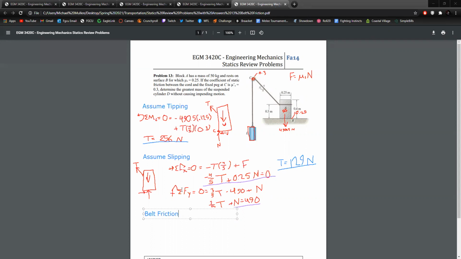Since we are given a friction for the rope, we have the peg here, C, with our T value like this. We'll call this T1, and T2 going down.